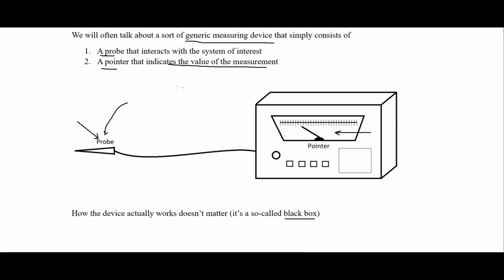And so all that matters is that in a measuring device, what you're going to have is some kind of probe, something that will interact with the system in question, and then a pointer or a readout that tells you the parameters, the outputs, the quantification that you are interested in for that system. And so this kind of thing right here is what we are talking about when we talk about a measurement.